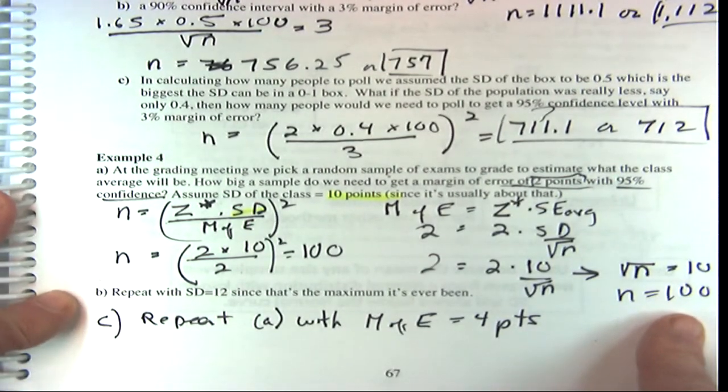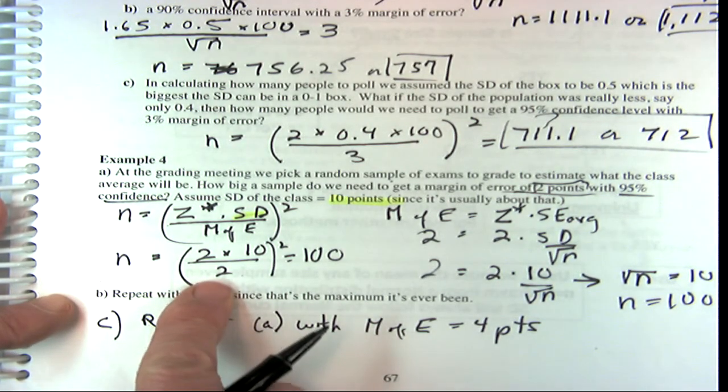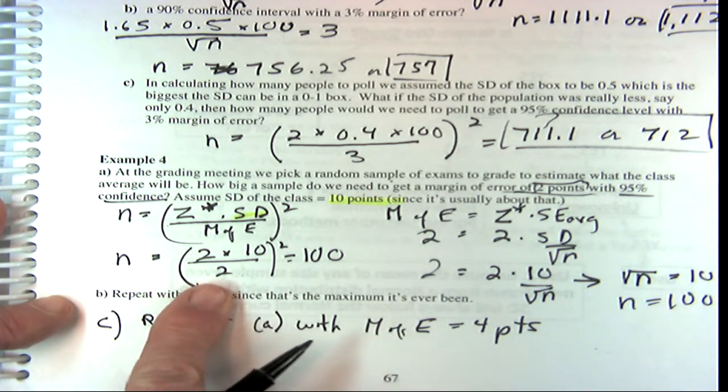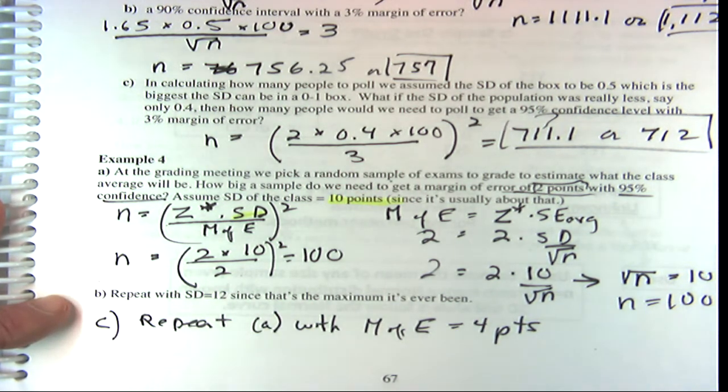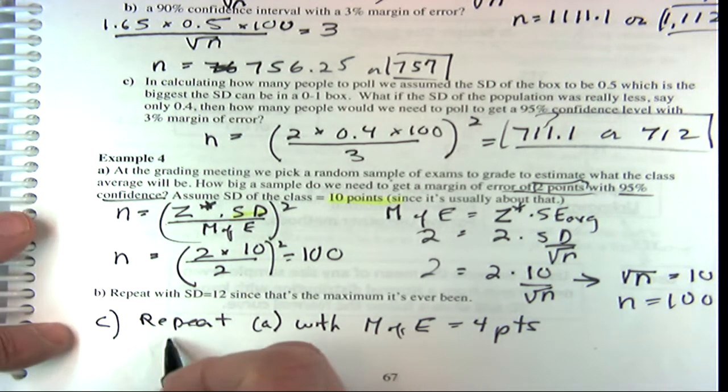Can you see now what's going to happen? Instead of dividing by 2, if I double that and divide by 4, do you see what will happen?